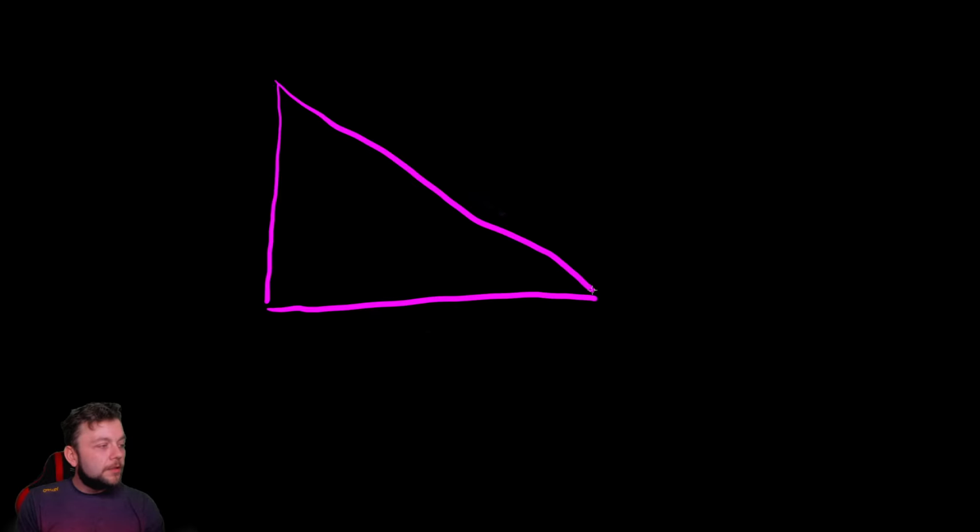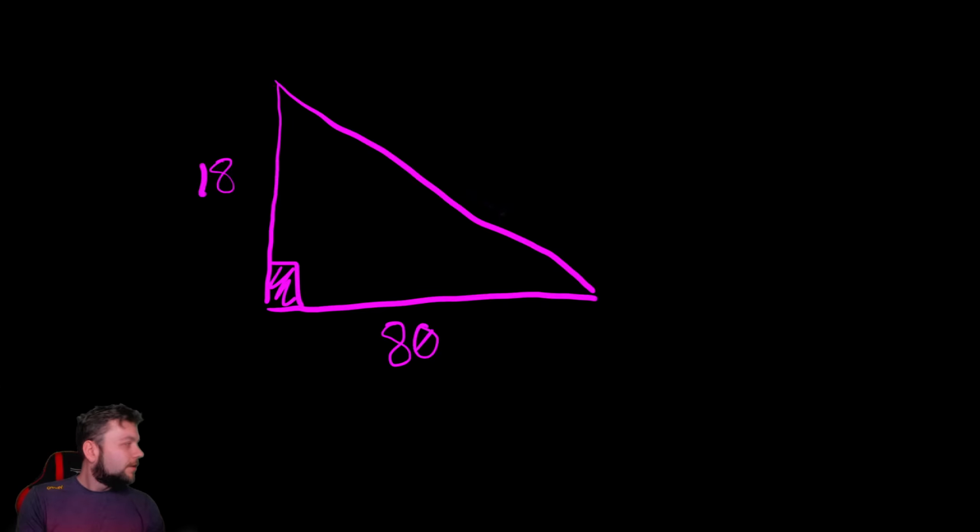But let's go ahead and draw our next triangle. There we go. That looks okay to me. This one has a side of 18 and 80. And it is a right triangle.